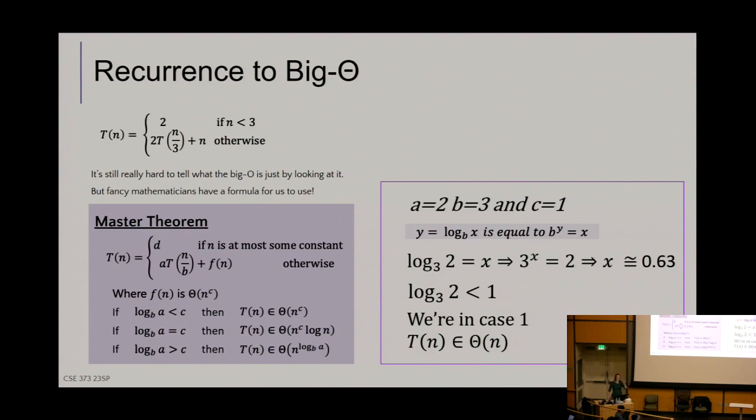Yes. So this f of n hanging off here is the non-recursive work within the recursive case. So the C is the coefficient of the term of n in the non-recursive work within the recursive case. If there is no non-recursive work, then C is 0.